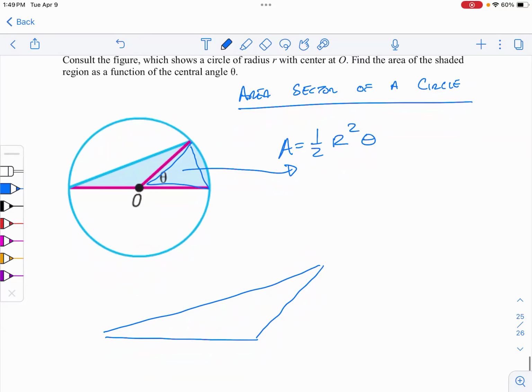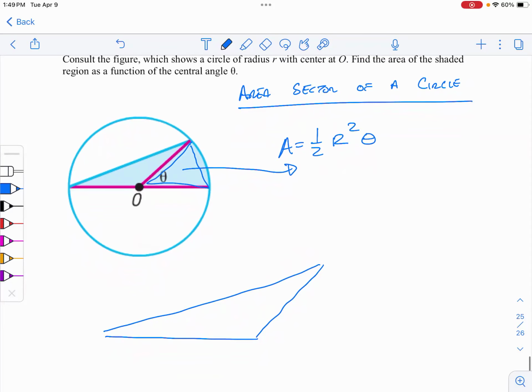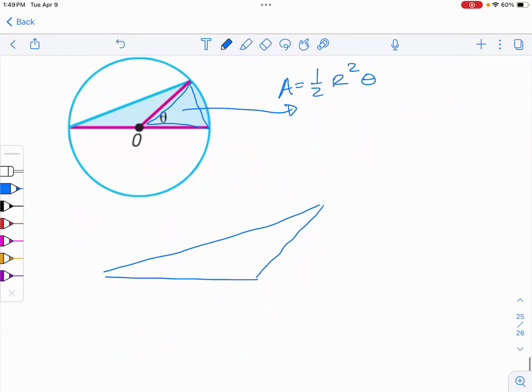Okay, we're told radius r, so it's radius r, angle theta. So I know that's r, and I know that is r. What is then this angle here? 180 minus theta.